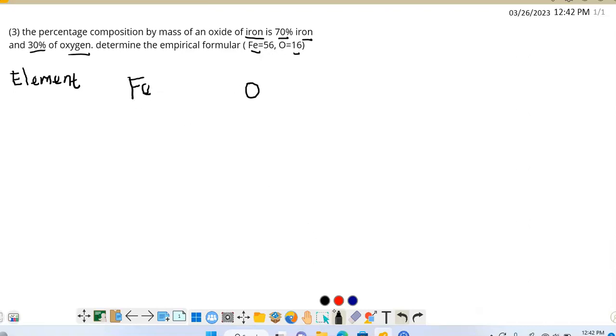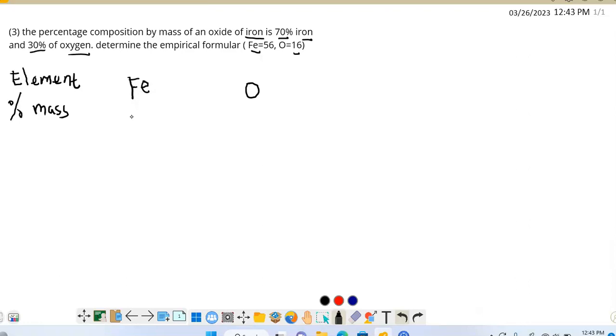Okay, this is the element. Then you write percentage. Since you have percentage, you say percentage mass.